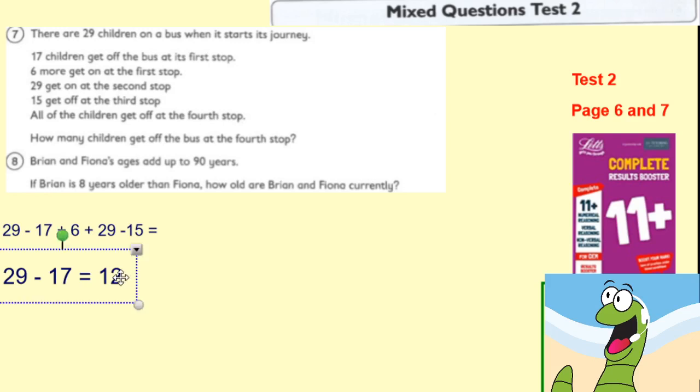Right. It says 12. I'm going to underline that. That's what we left off with. So we now need to add 6, and that equals, plus 12 gives us 18.